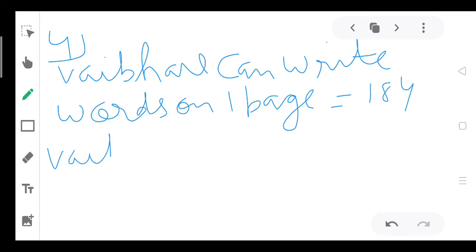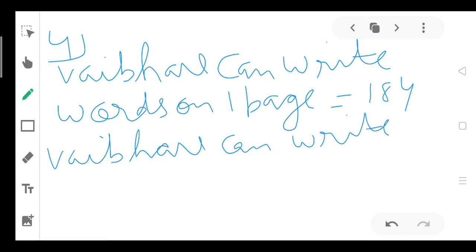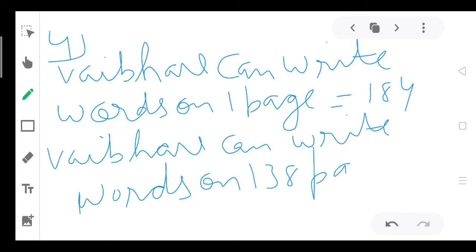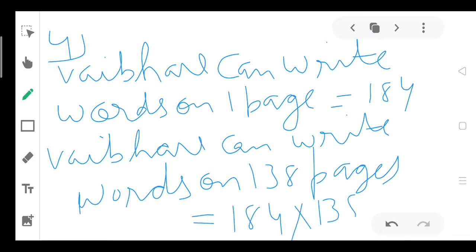Now, what do we have to find out? Vaibhav can write words on 138 pages. This we have to find out, and this we will find out by 184 multiplied by 138.